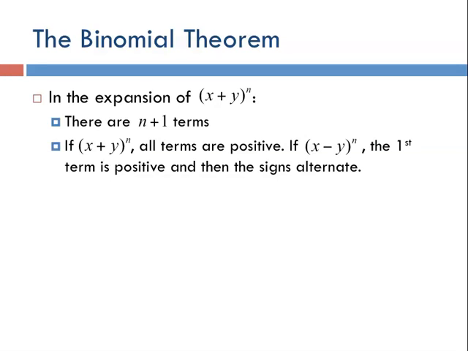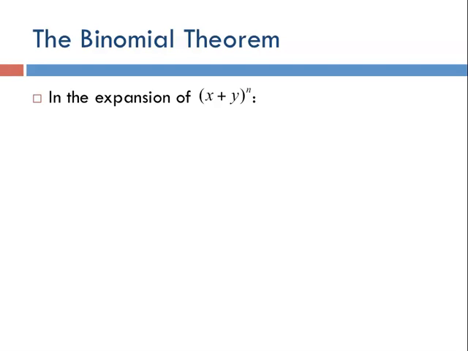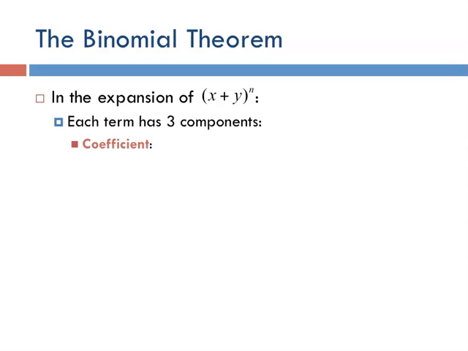Okay, so if we were to expand some binomial x plus y to the nth power, remember that each term is going to have 3 components. The first component is the coefficient. The coefficient is going to follow this pattern: n choose 0, n choose 1, n choose 2, all the way up until n choose n.